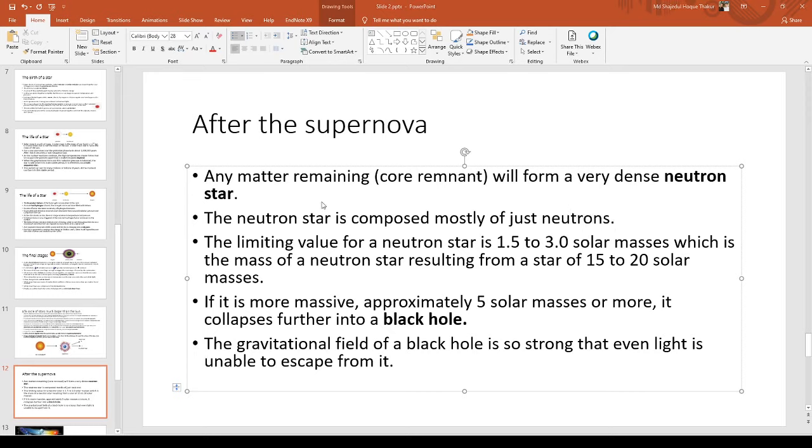Now think about it. Most of the protons in a neutron star convert into neutrons, right? Neutron stars are made up of about 95% neutrons. So you may ask, but the star had protons, neutrons, and electrons.